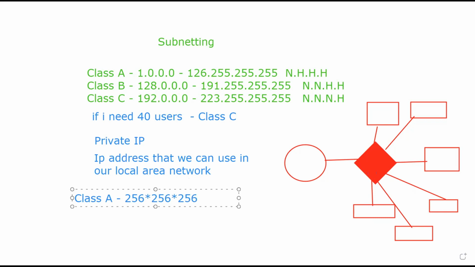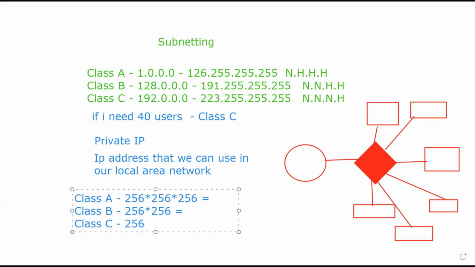And also why we need the private IP, let me tell you. Class B, 256 into 256. Class C, 256.